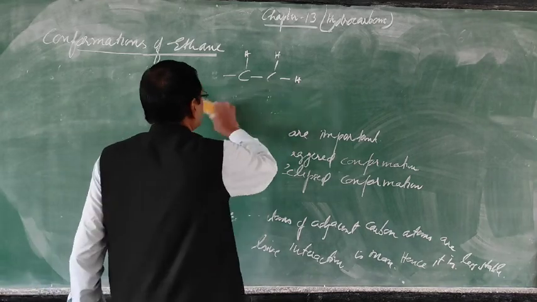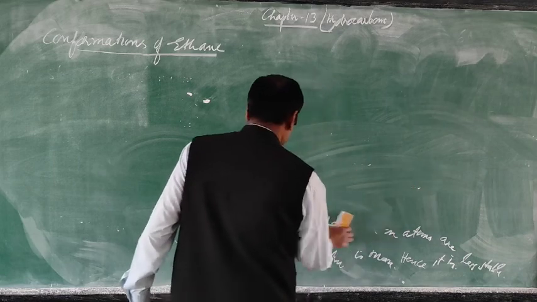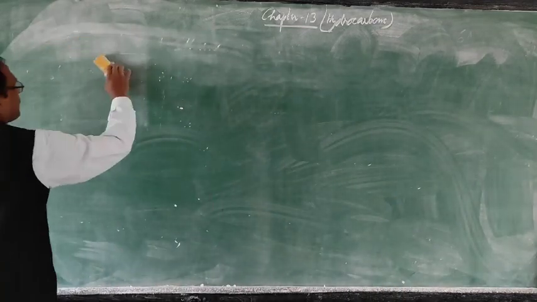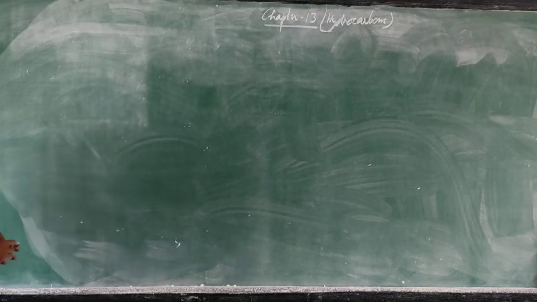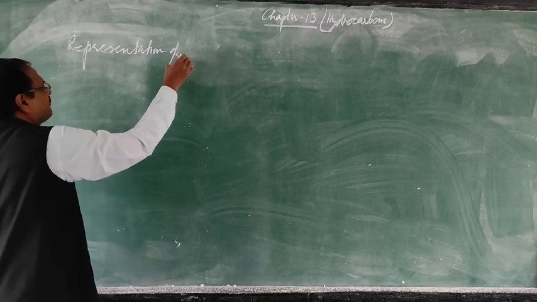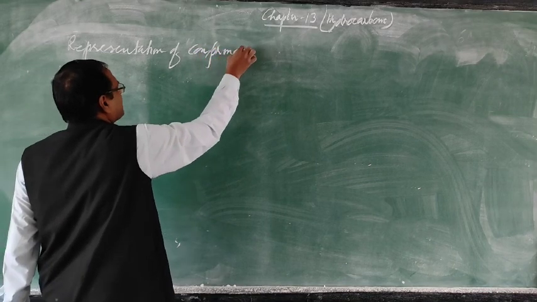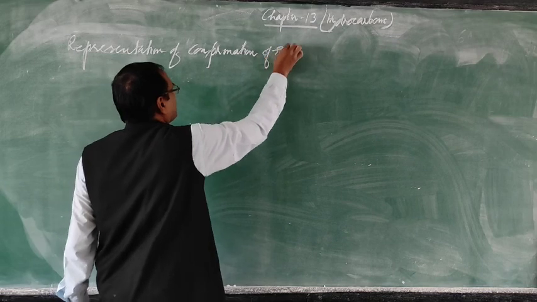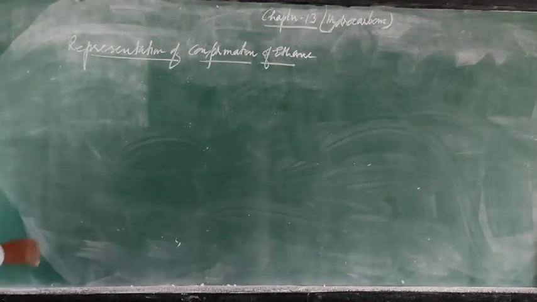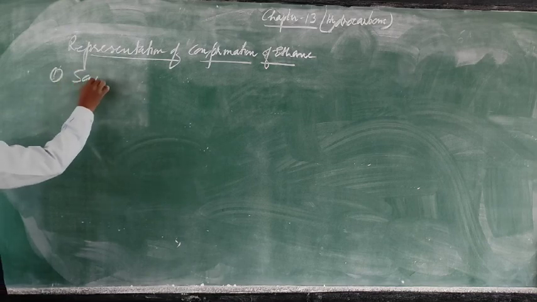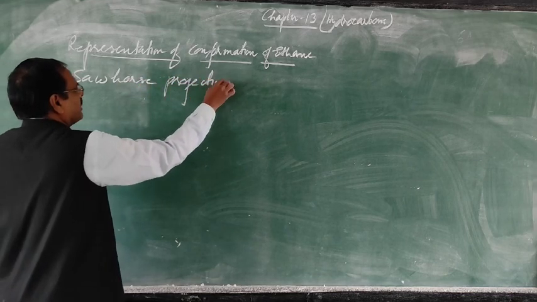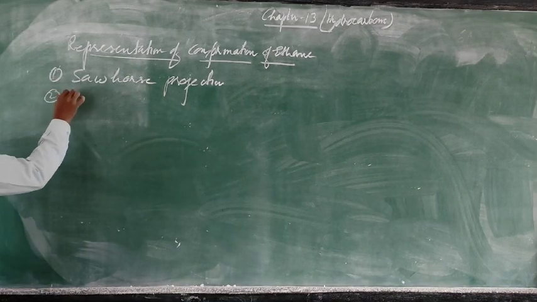There are two methods for the representation of conformations of ethane. The first one is the sawhorse projection. The second method is the Newman projection.